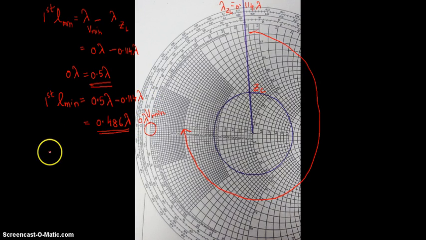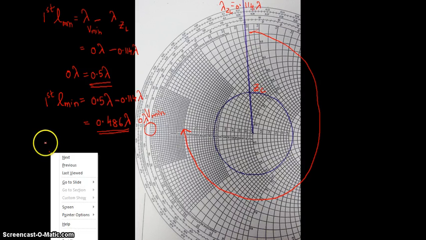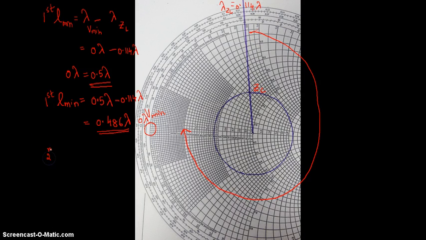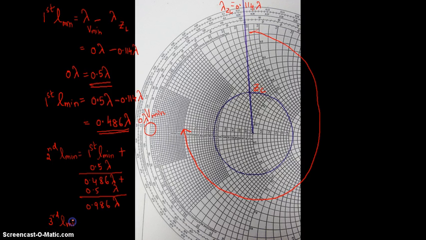Just like what we learned for L maximum, I can find my second L minimum as first L minimum plus 0.5 lambda, which in this case is 0.486 lambda plus 0.5 lambda, which is 0.986 lambda. Similarly, my third L minimum would be second L min plus 0.5 lambda.